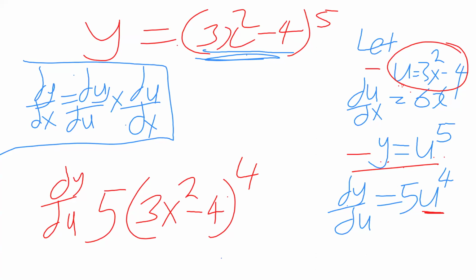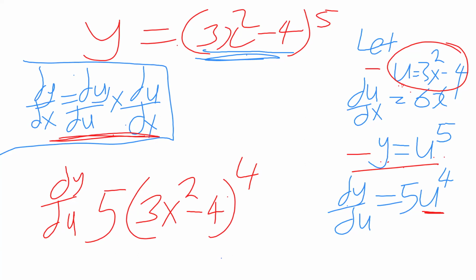Then from here, it's very easy because you need to get your formula and start substituting into your formula. So your formula says it's dy over du times what? Du over dx.